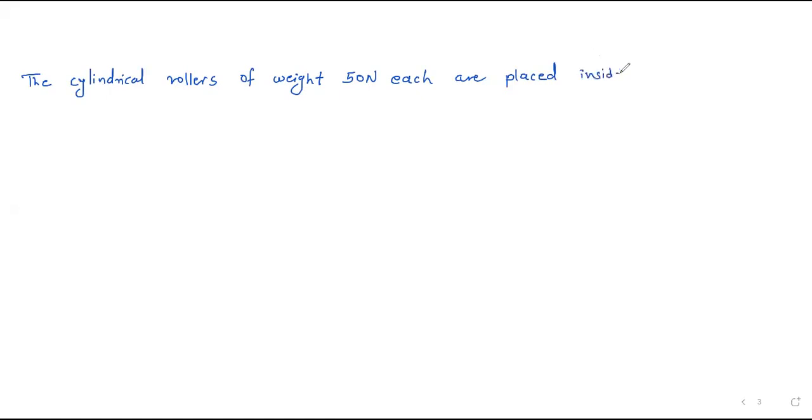So now we will take the next numerical. The problem is: cylindrical rollers of weight 50 Newton each are placed inside a cup as shown in figure.